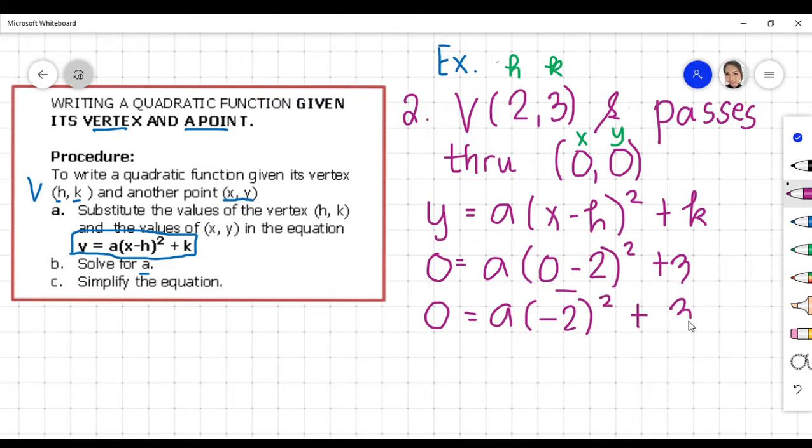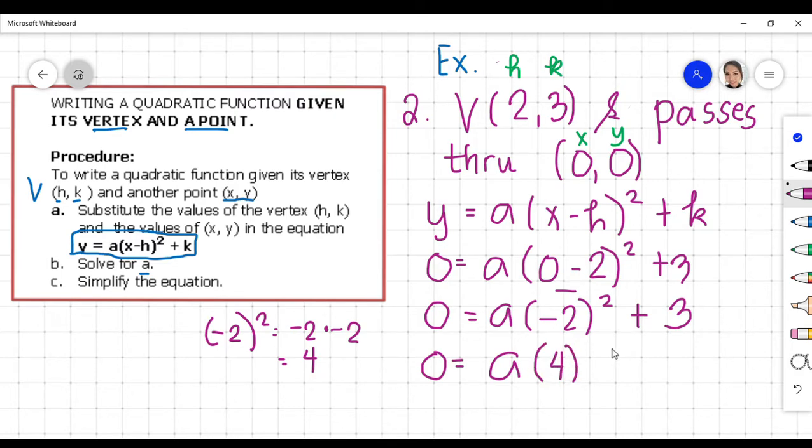plus 3. So copy again, 0 equals a. So that's negative 2 squared. Yung negative 2 squared, yan ay negative 2 times negative 2. So yan ay positive 4. So times 4 plus 3.